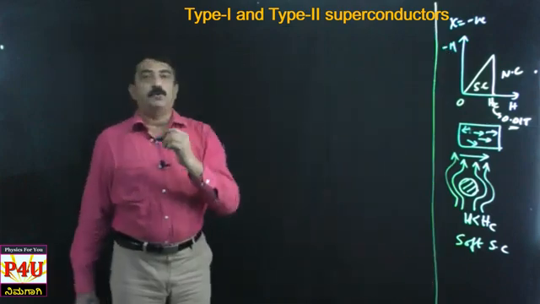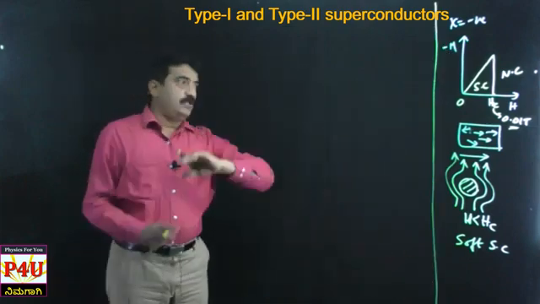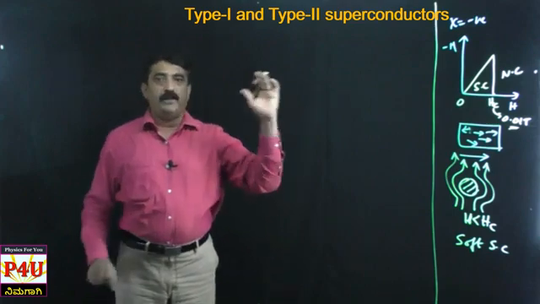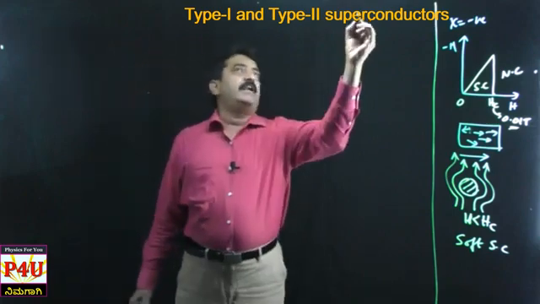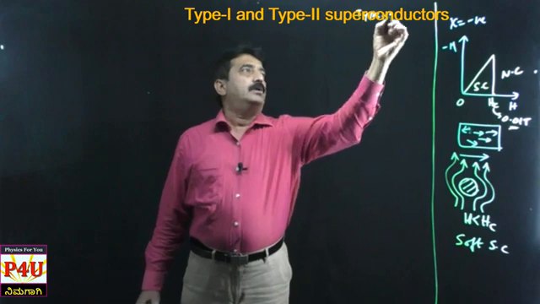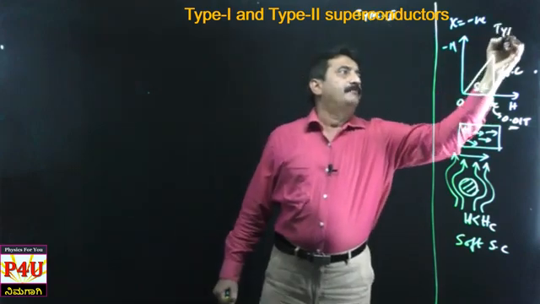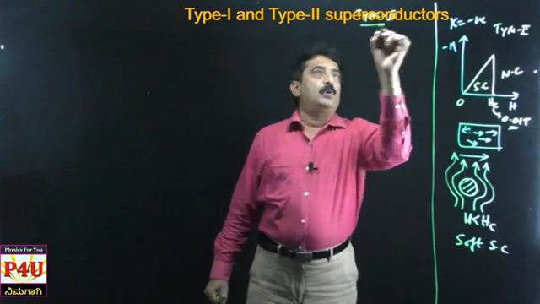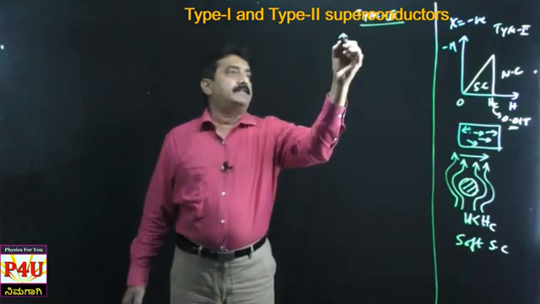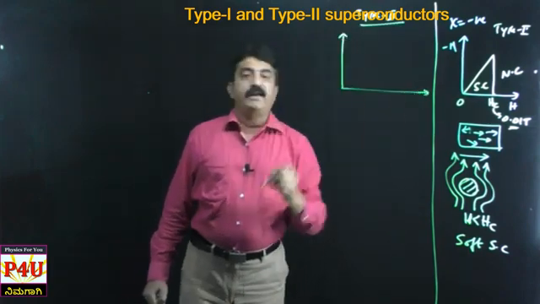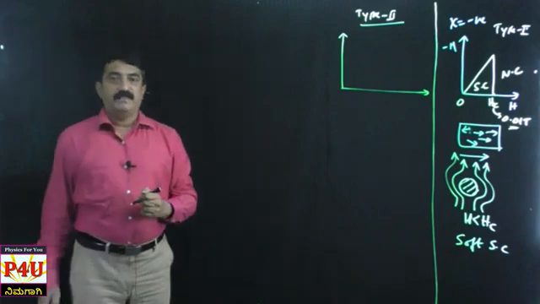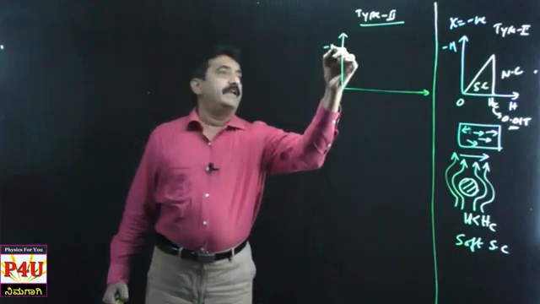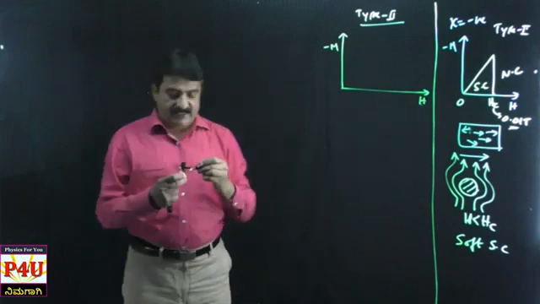Now comes type 2. If I explain type 2, then you can make out the difference between type 1 and type 2. So now it is type 2 superconductor. This is type 1, this is type 2. In type 2 superconductors, as I told in the beginning, there are two critical fields. The graph of -M versus H is like this.